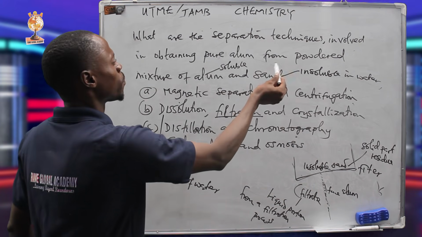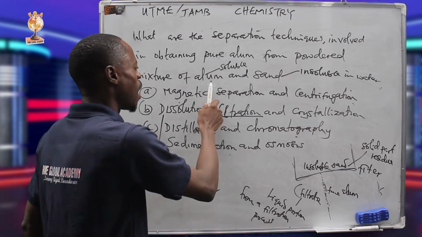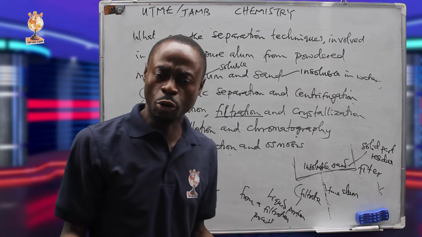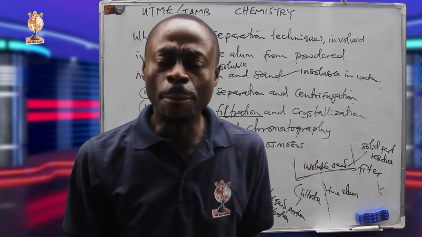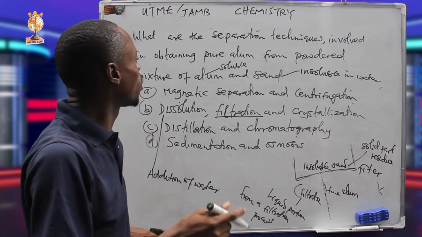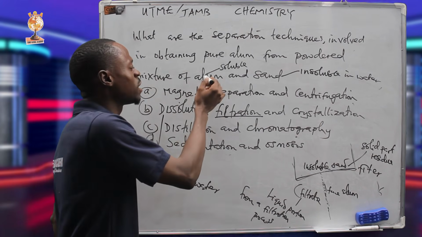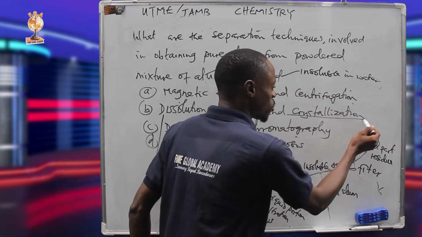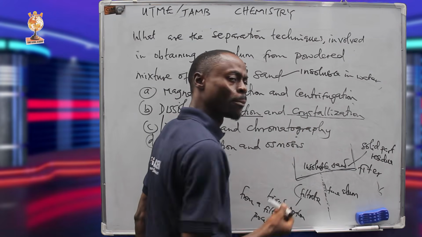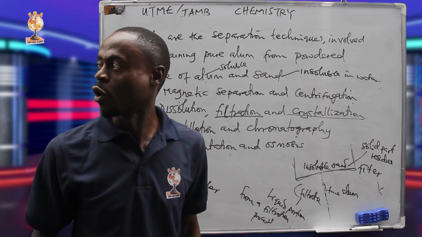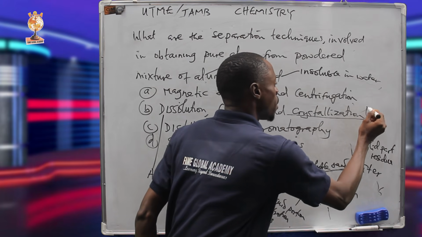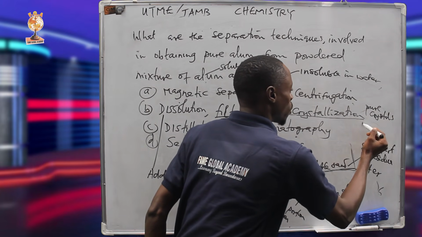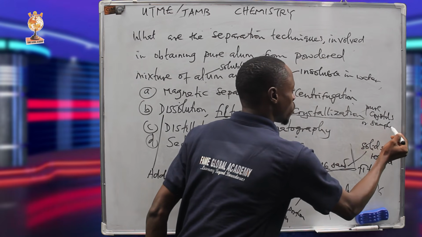But this powdered alum, because it has been mixed with sand, has some particles and impurities associated with it. So to get purer crystals of this alum, you finally carry out what we call crystallization. This method, as the name implies, is used to obtain pure crystals or samples of a compound.